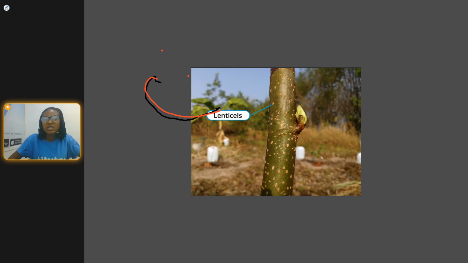I have made mention of 7 excretory structures today: the contractile vacuole, the flame cells, the nephridia, the Malpighian tubules, the kidney, the stomata, and the lenticel.